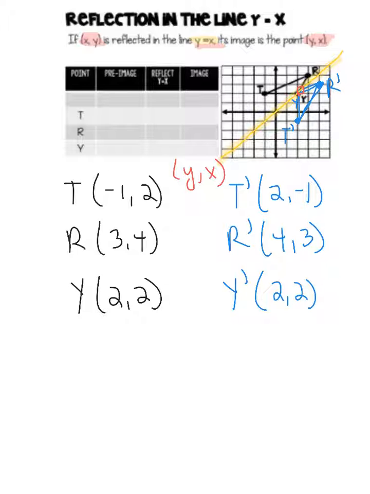If we look at T, the distance from the mirror to T and the distance from the mirror to T prime, those distances are congruent. Same thing with R. Those distances are the same length. And this goes for every line of reflection. It's just a little bit different when we have lines that aren't through the origin, just because it's a little bit harder to count that actual distance. We still can, possibly using the distance formula, but it's just a little less straightforward.